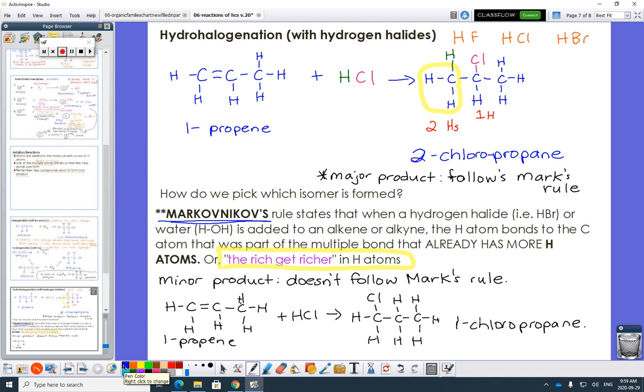Sometimes it doesn't matter. Say it was 3-hexene, the double bond was in the middle, the carbons would be equal, so it wouldn't matter.